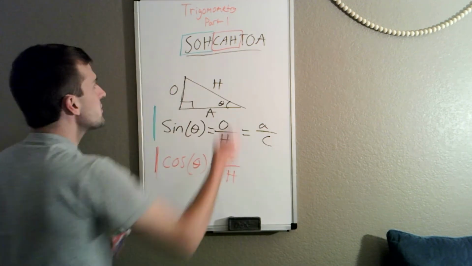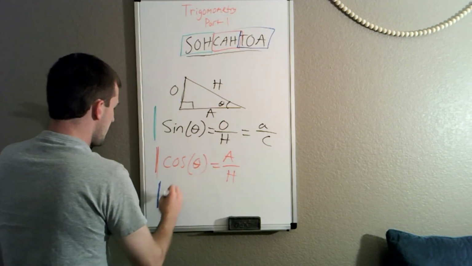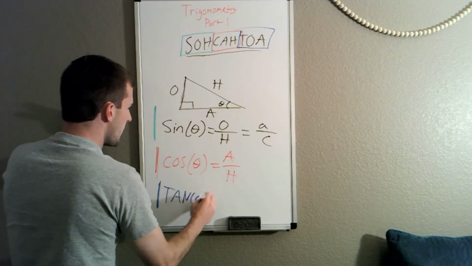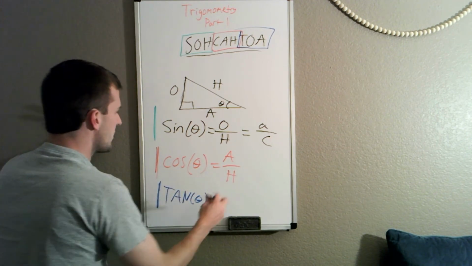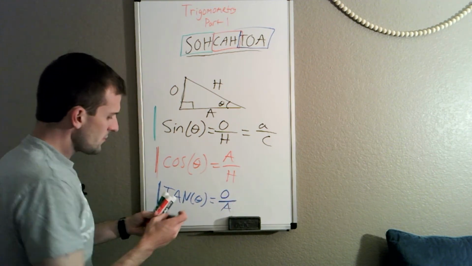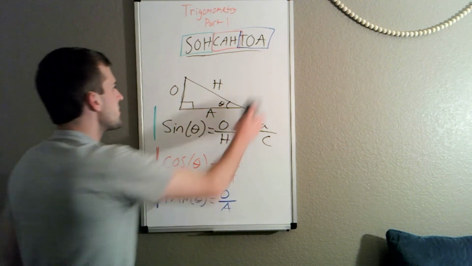And then last but not least, we have toa. And toa stands for tangent of theta, which equals opposite over adjacent. So let's do a couple examples of these.